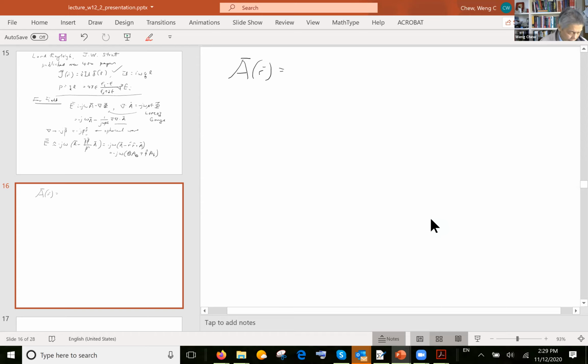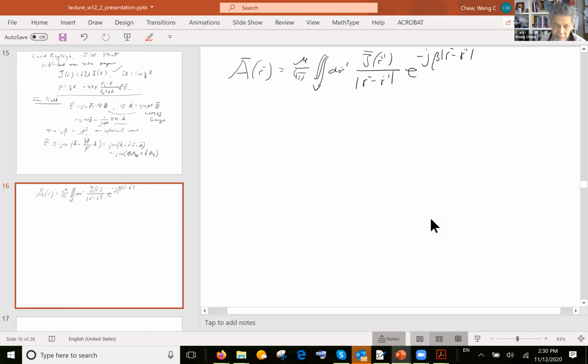This equation we have written down many times over, with e to the minus j beta magnitude of r minus r prime.